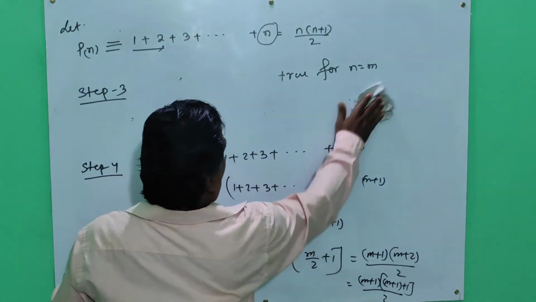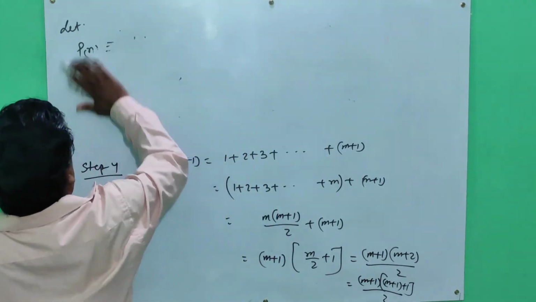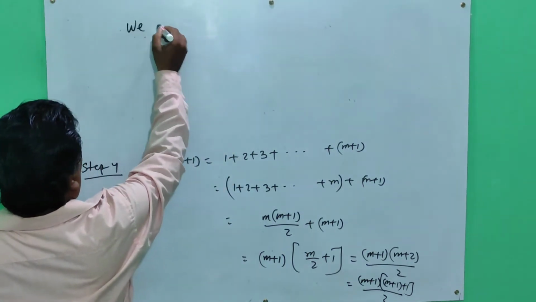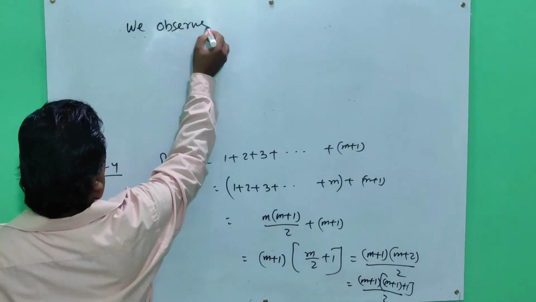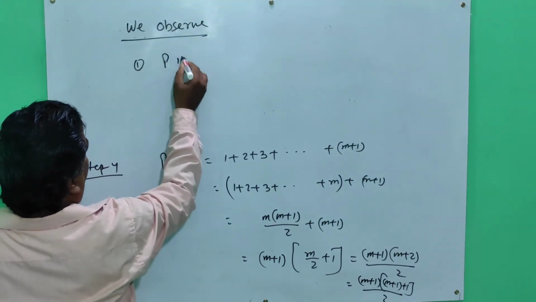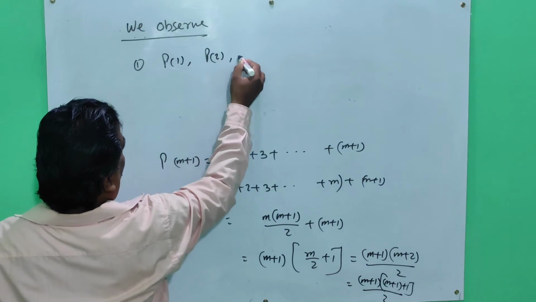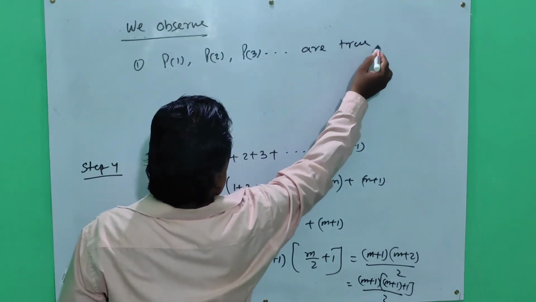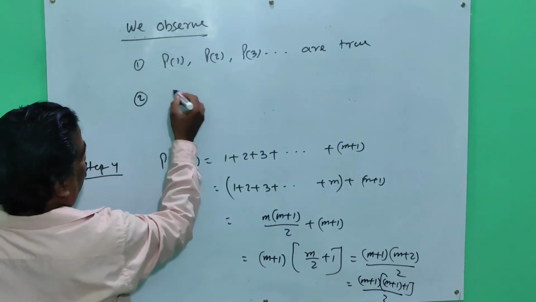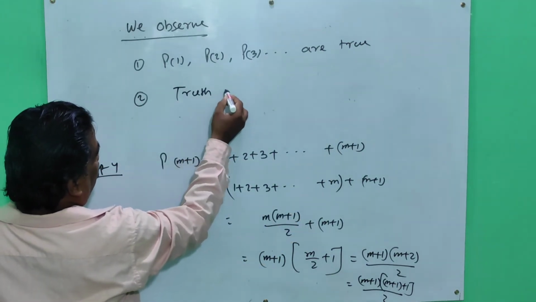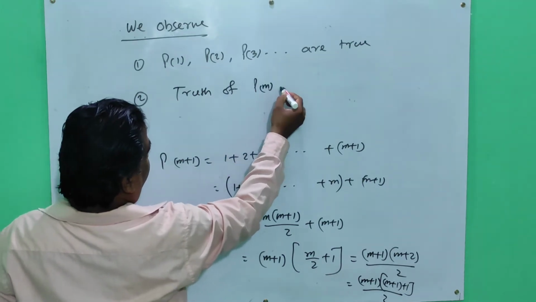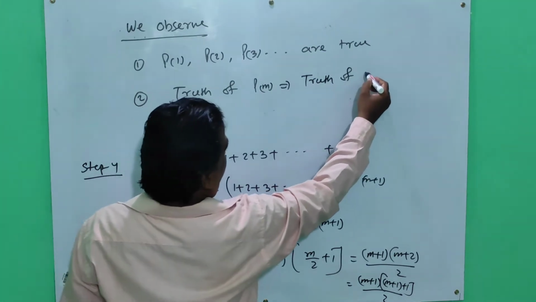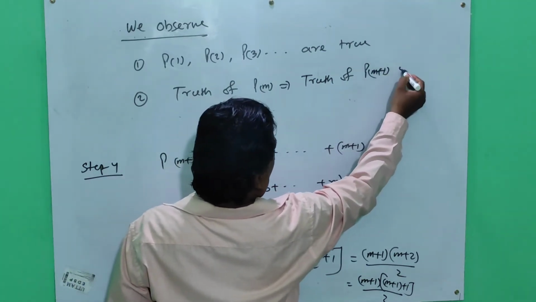Now we observe: number 1, P1, P2, P3 and so on are true. Number 2, truth of Pm implies truth of Pm plus 1.